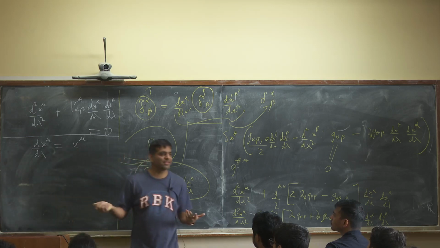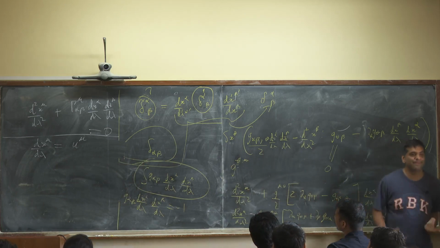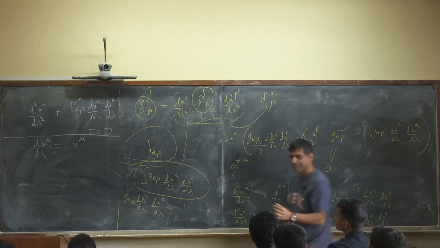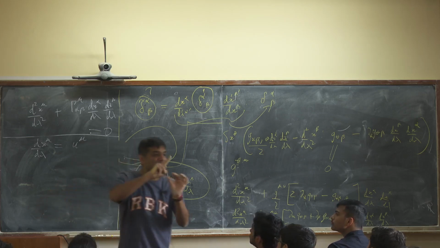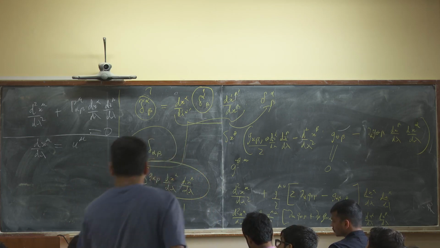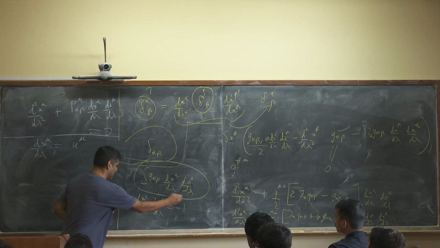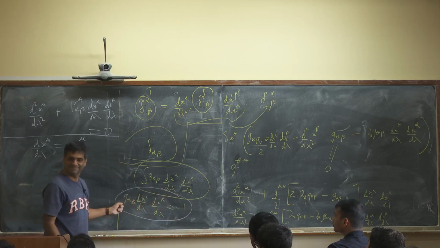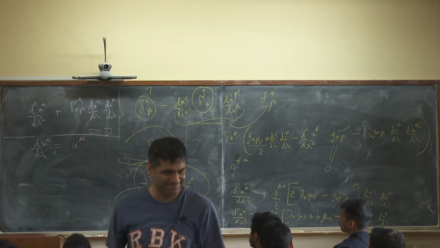In special relativity, we define u mu as dx mu by d proper time. What is proper time? Proper time is the coordinate such that the invariant length along proper time is -1. But this lambda coordinate has that same property. That's what this equation is saying. So lambda is the proper time along your path.